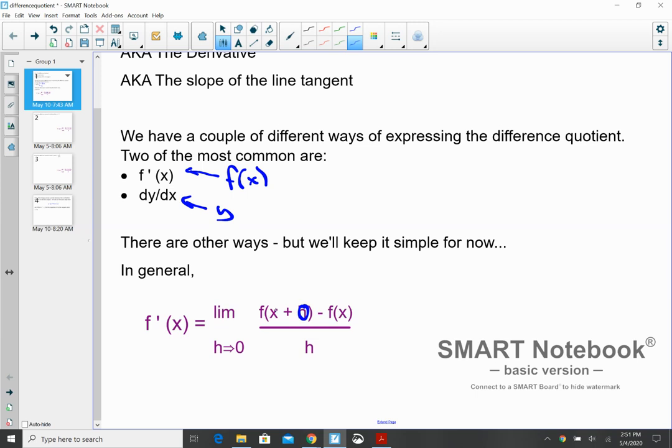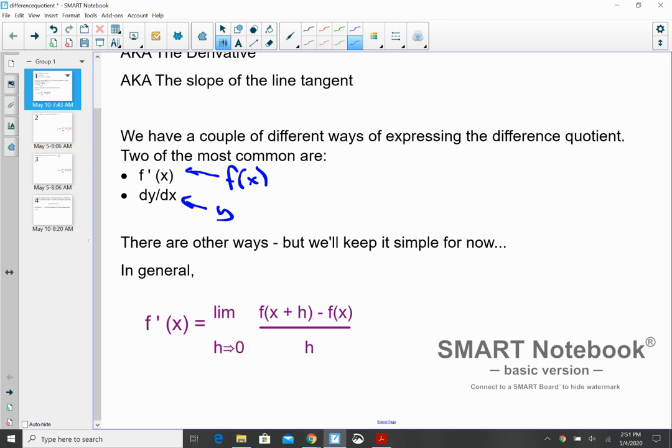You have f of x minus f of x, which is 0, and that's going to 0 too. So you could see that we have some work ahead of us. 0 over 0 is always what we're going to be looking at in terms of the difference quotient, if done correctly. However, we're going to do some algebra and stuff like that to kind of guide us through.